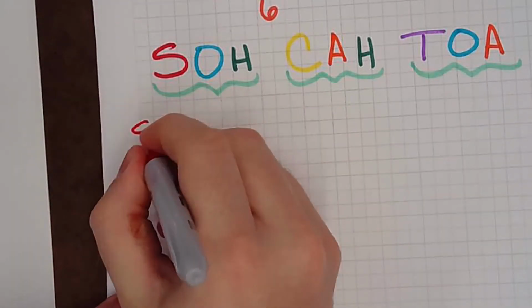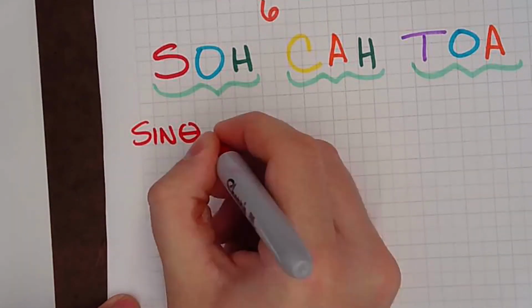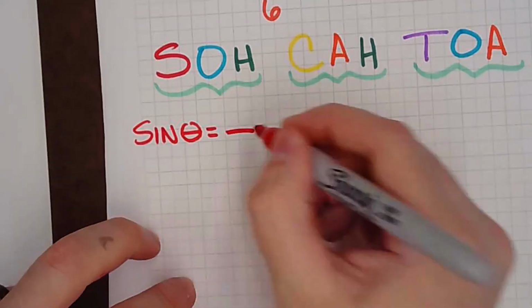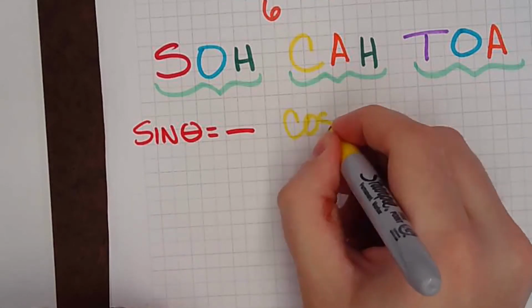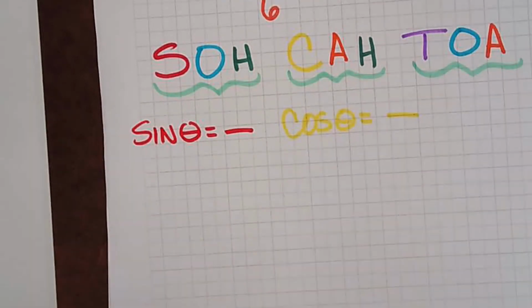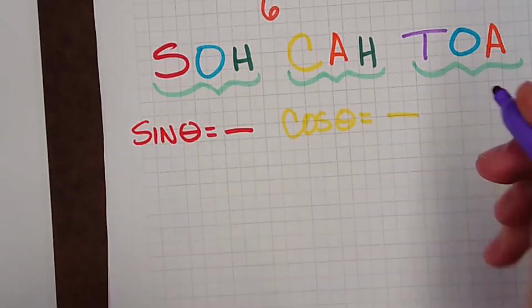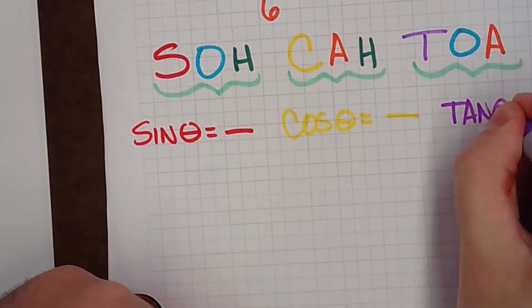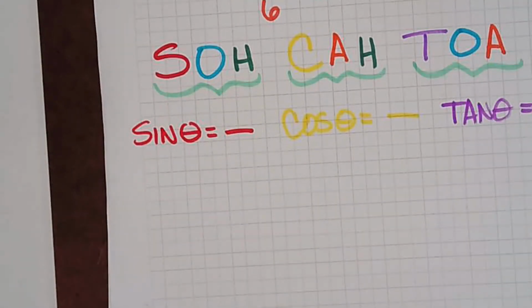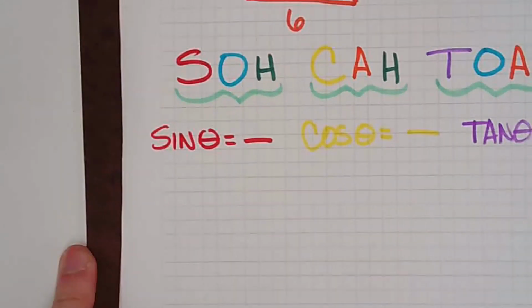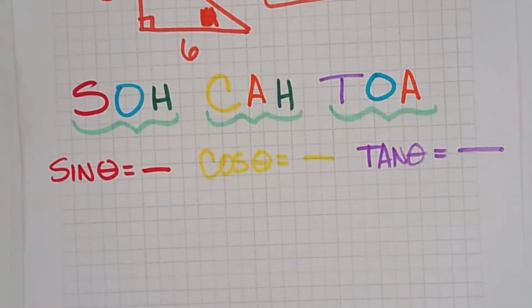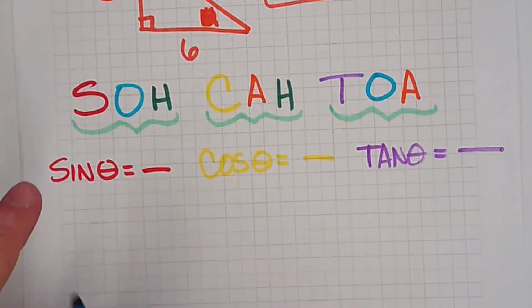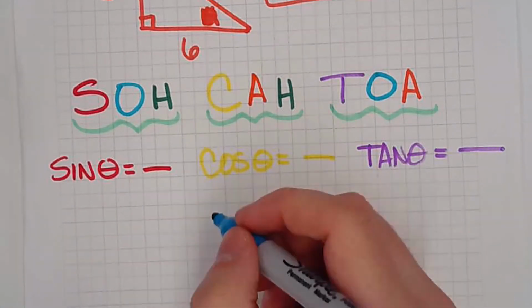SOHCAHTOA. So sine of theta equals blank, and cosine of theta equals blank, and tangent of theta equals blank. All right, so sine of theta is what? It's the what over the what?